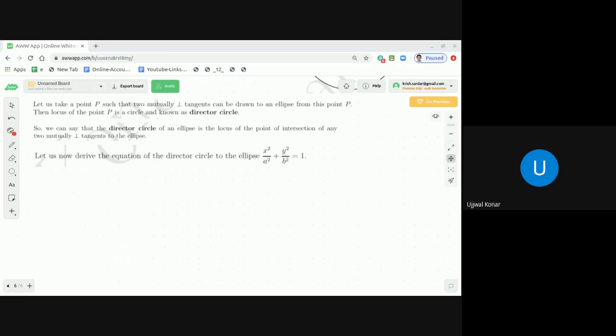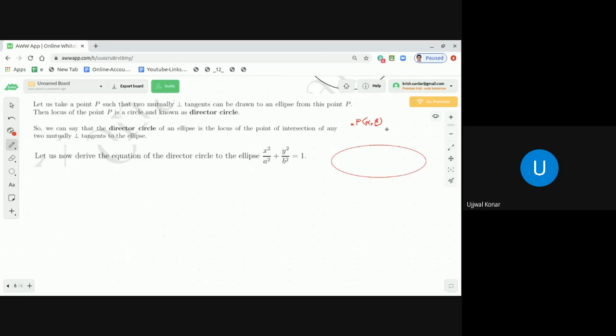Now from that outside point alpha comma beta, what I was telling is something like this: let me draw an ellipse here. Suppose this is an ellipse. Okay, dear students, now let us consider a point P here, an arbitrary point having coordinates alpha comma beta.